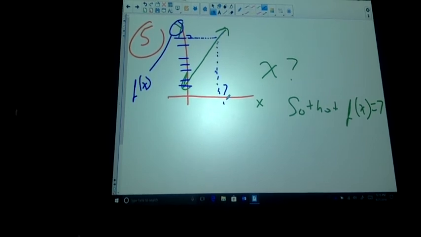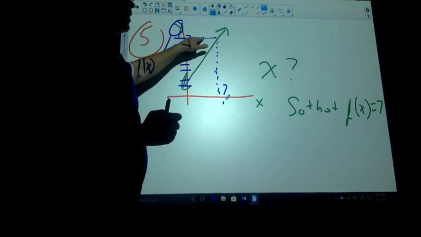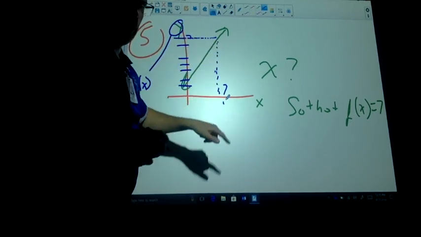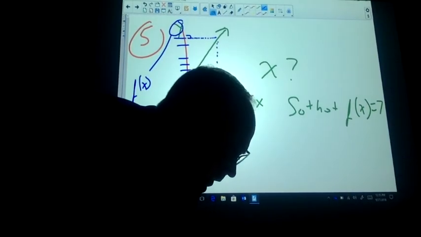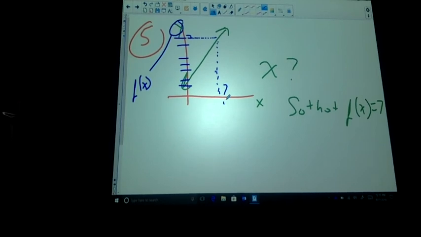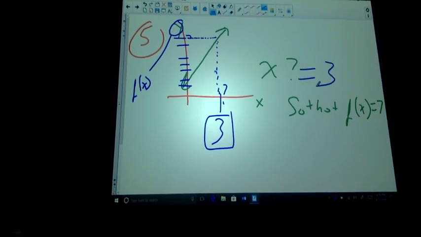If you look on your graph, if I'm coming over to here, I just go straight across, find my line, and then go straight down. Mine looks like 3. So what is x equal to? X equals 3. So that's actually called an interpolation. You're going from one of the axes to get to the other one.